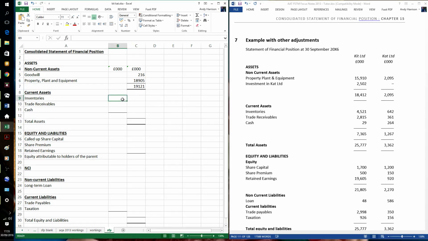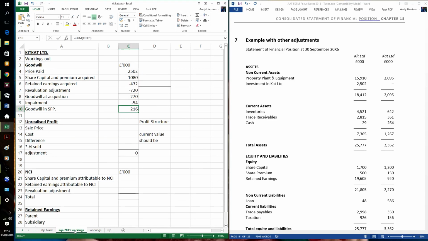So this will take a bit of working out, because although we've got two lots of inventories here, we've got some that's got the wrong value in our stock. So there are different ways of working it out. We've got a sale price, we sold it for 100,000. It cost 60, which means we've got a difference of 40.